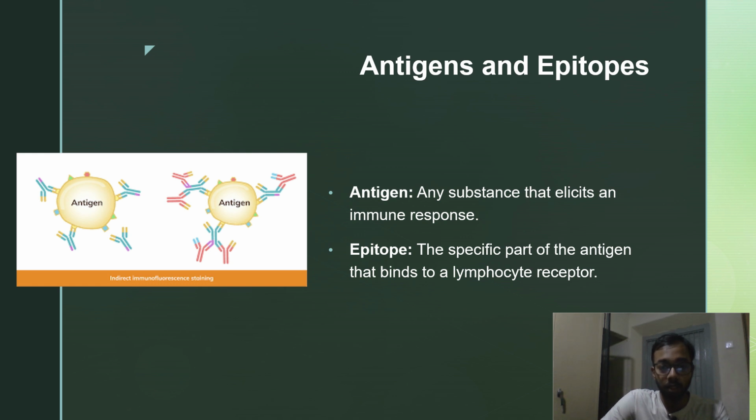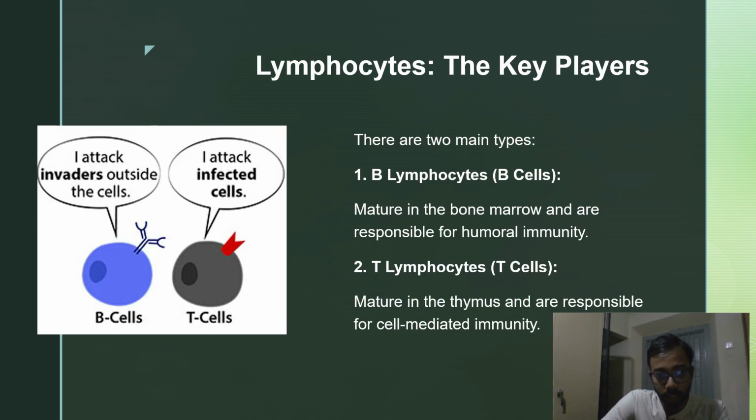So in the antigen, the specific part of that antigen binds to a receptor, right? There are several types of receptors. Receptors are there in the previously discussed B cells and T cells.